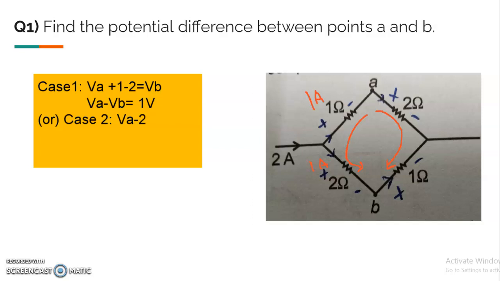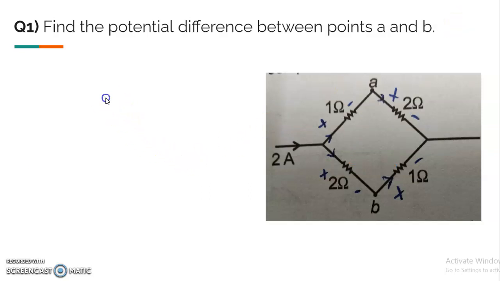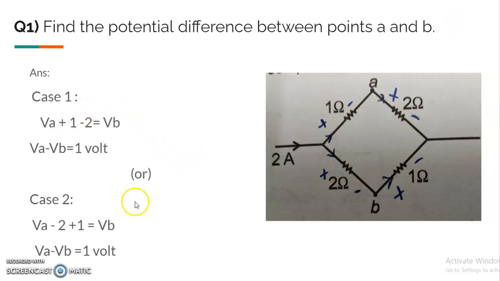Minus 2. And now negative to positive, so plus 1 equal to VB. So VA minus VB will give us 1 volt. That's it. Now let us check the answer. Yes, it is 1 volt.